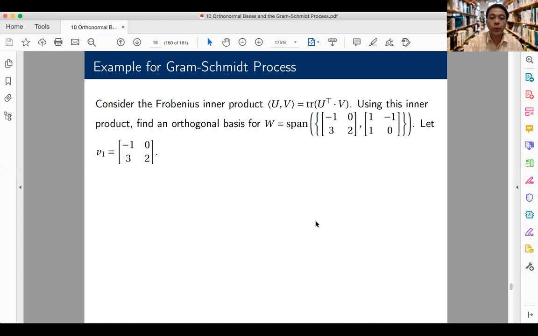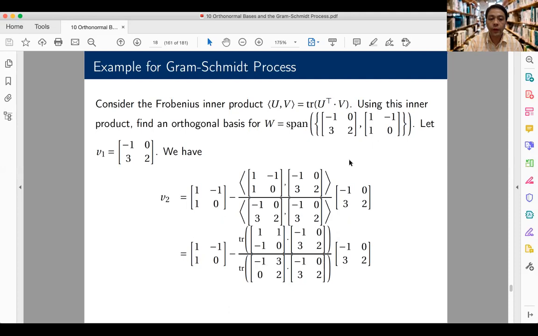So suppose that we let V1 be the first vector here. So what is V sub 2? V sub 2 is the second vector or the second matrix minus the projection of the second matrix on the first matrix. So this is it, right? Projection of the second matrix on the first matrix. Okay, this is our first matrix.